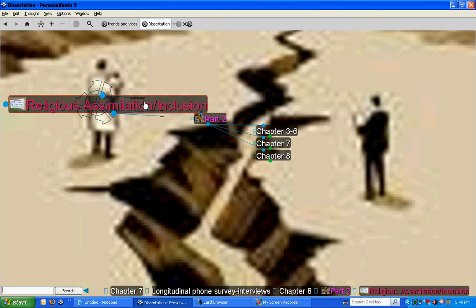Okay. Now we have part 3, and part 3 is chapter 9, and chapter 9 is the concluding thoughts and recommendations for assimilation in Costa Rica.